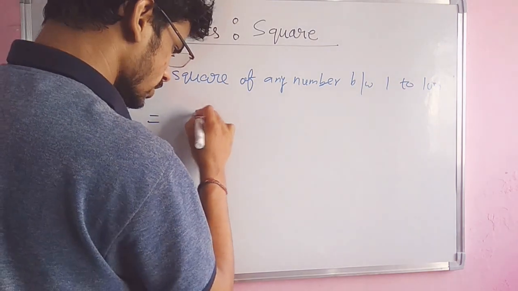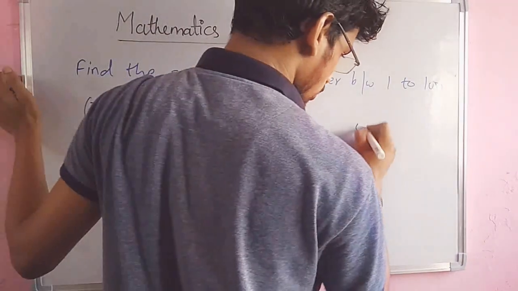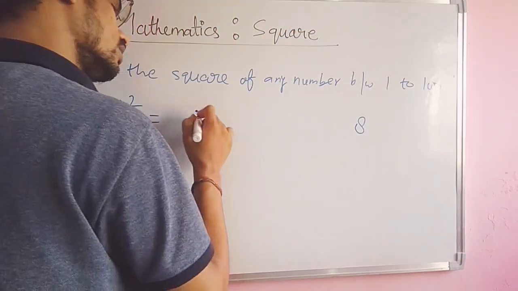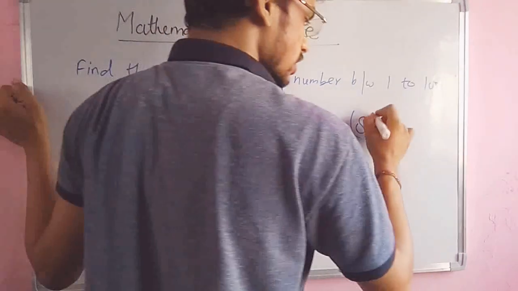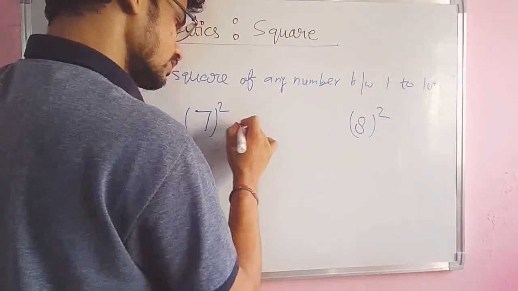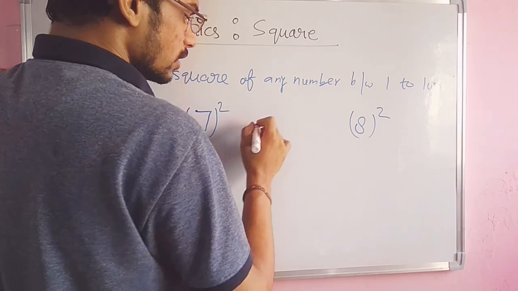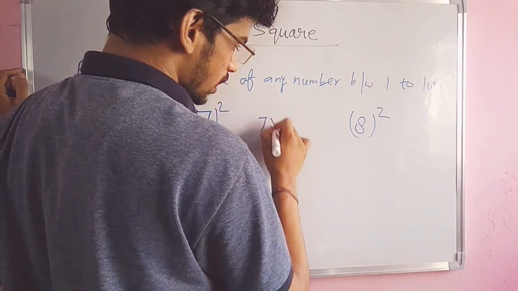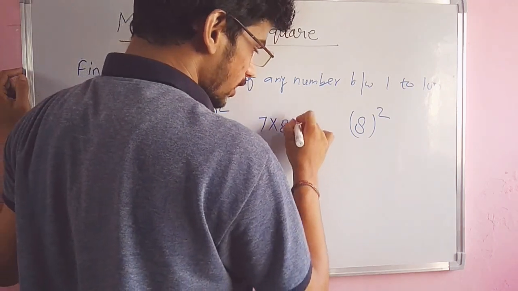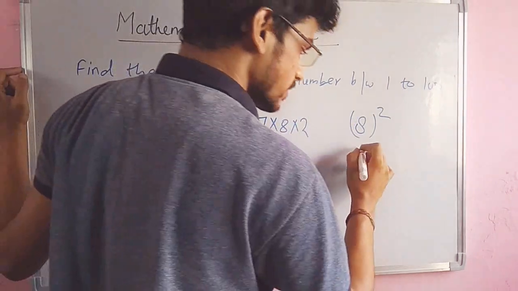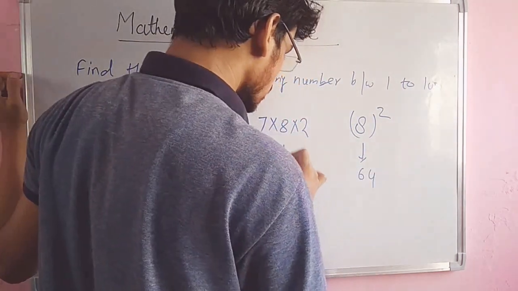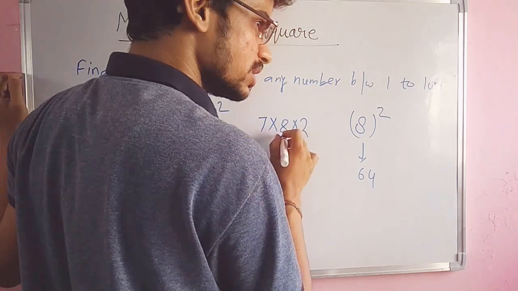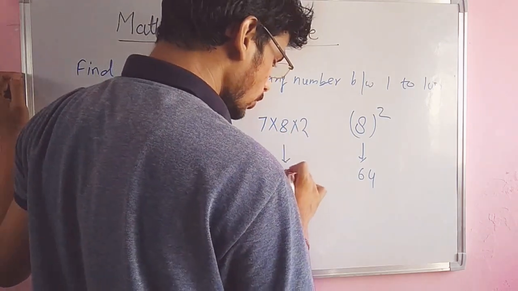Separate the digits 7 and 8. Here make the 7's square, make the 8's square. 7 multiplied by 8 multiplied by 2. Here 8 squared is 64. Here 7 times 8 is 56, multiplied by 2 is 112.